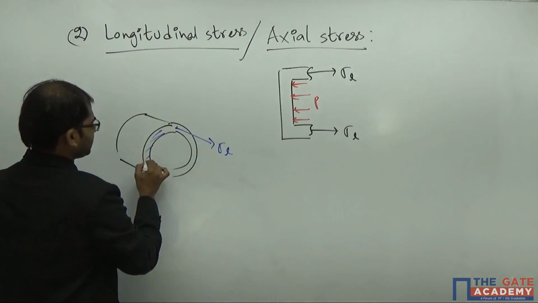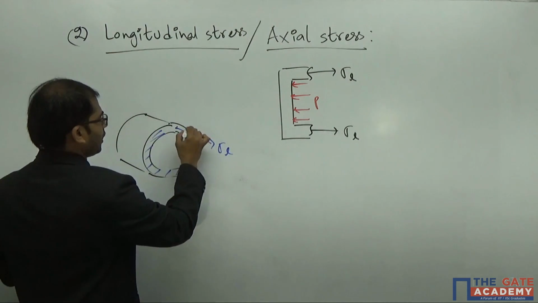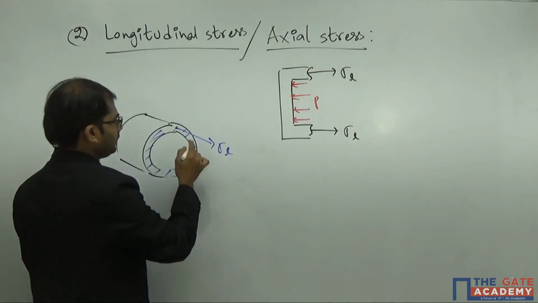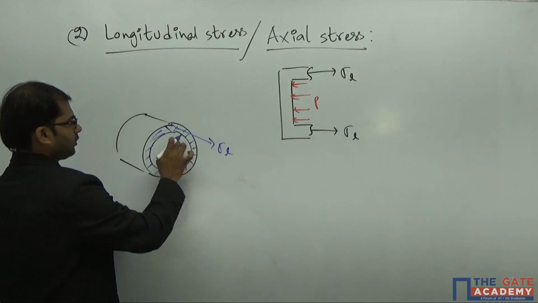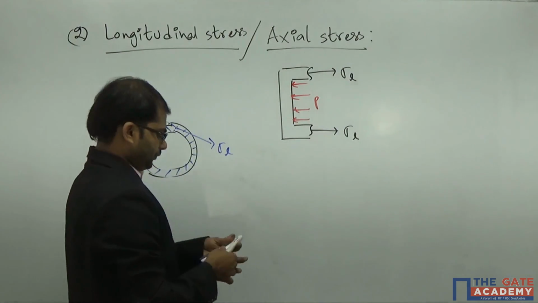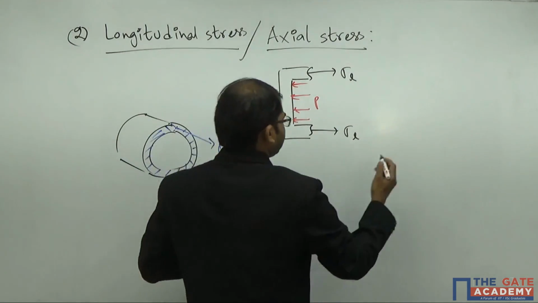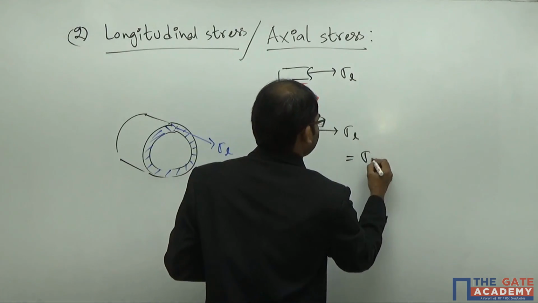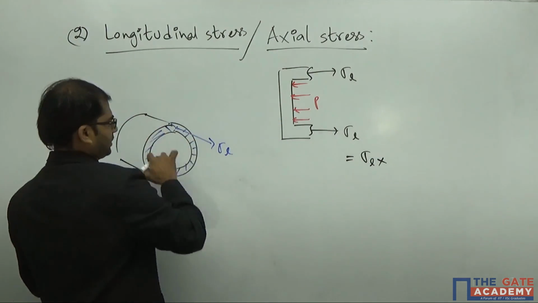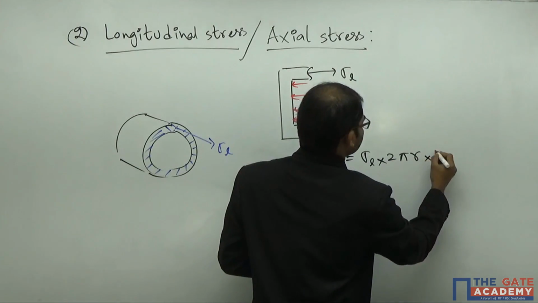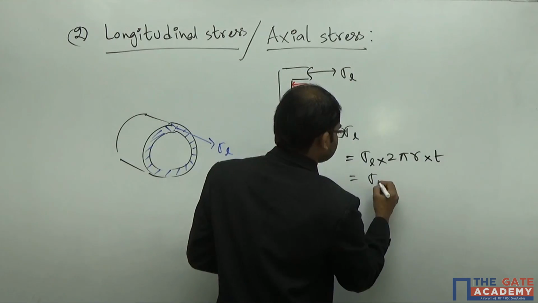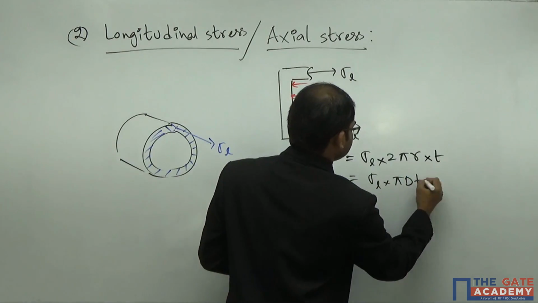Only one area is there, this is the shaded area here. Although we show it 2 times here, this is actually only one area, and the pressure is acting on this lower part of the area here. So the force corresponding to sigma L is sigma L into this shaded area, that is 2 pi r into t, or this can be written as sigma L into pi d t.